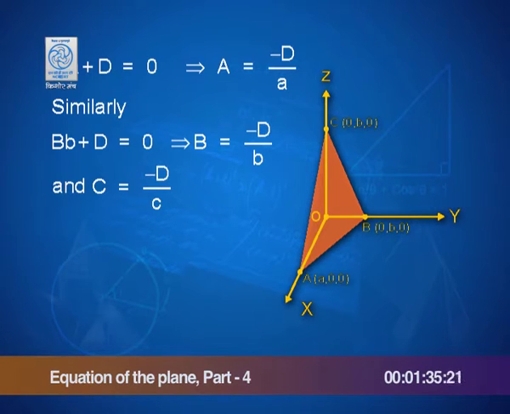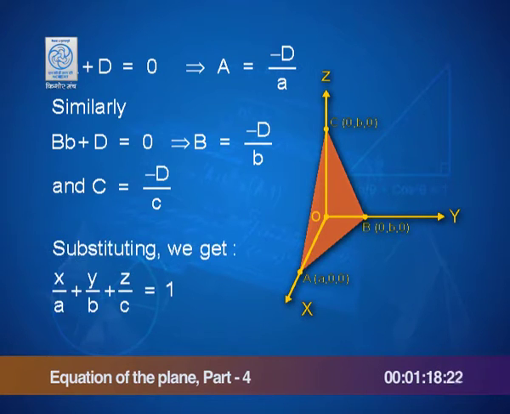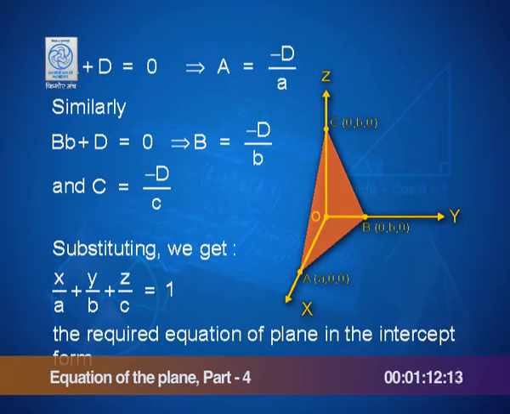If I use these values of A, B and C in the assumed equation of plane Ax plus By plus Cz plus D equal to 0, and I just rearrange the coefficients, I will get a special equation in the form x by a plus y by b plus z by c equal to 1, which is known as the equation of plane in the intercept form.